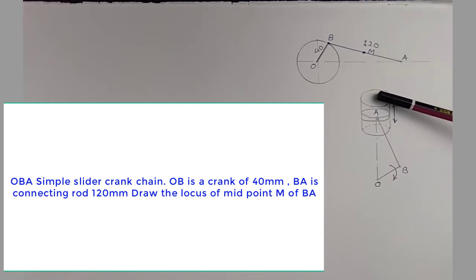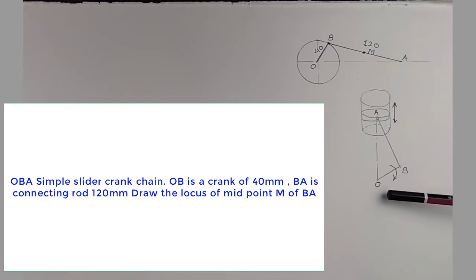Due to this pressure, the piston moves in the downward direction with a reciprocating motion, and this reciprocating motion we convert into rotary motion as mechanical work with the help of the crank OB and AB.